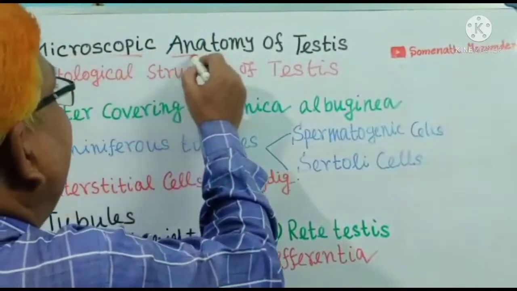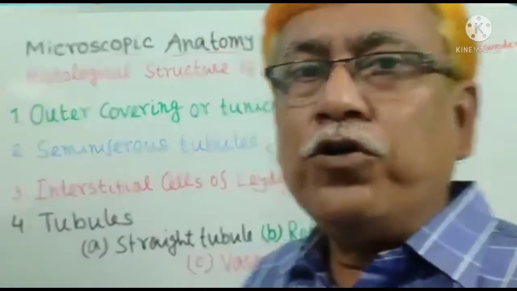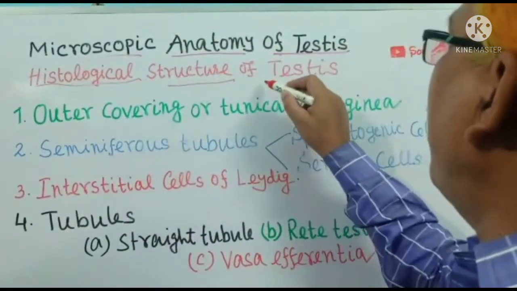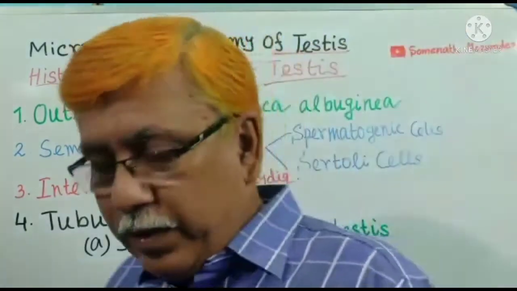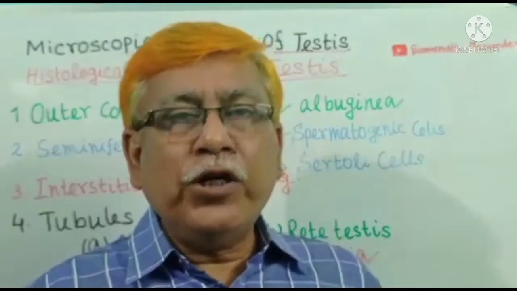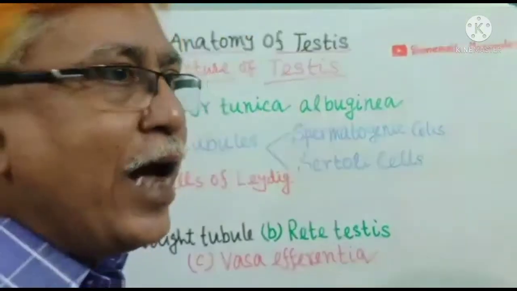Microscopic anatomy of testis, also called histological structure of testis. Transverse section, or TS, of a portion of a testis shows the following structures.